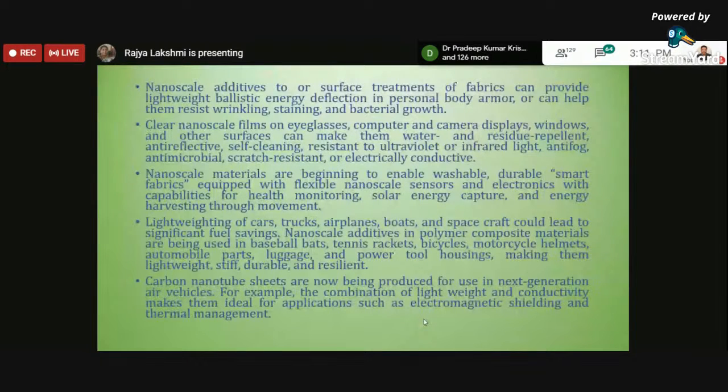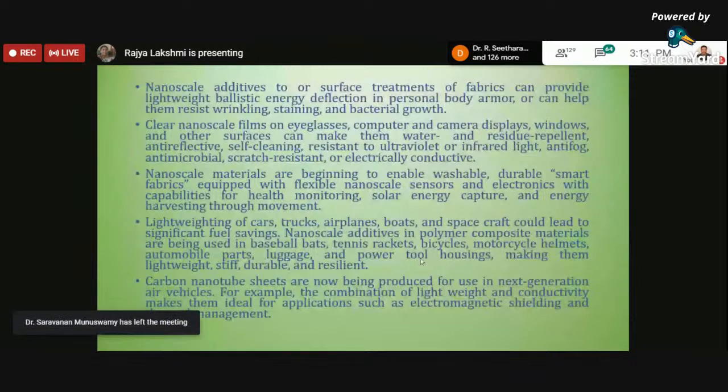We should protect them from all kinds of environmental impacts, and at the same time the fabric should be as light as possible. So now, with nanotechnology, people are trying to fabricate smart fabrics which are washable, durable, and at the same time equipped with flexible nanoscale sensors and electronics with capabilities for health monitoring, solar energy capture, and energy harvesting through movement.